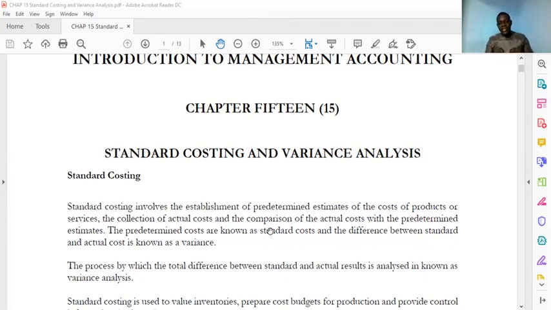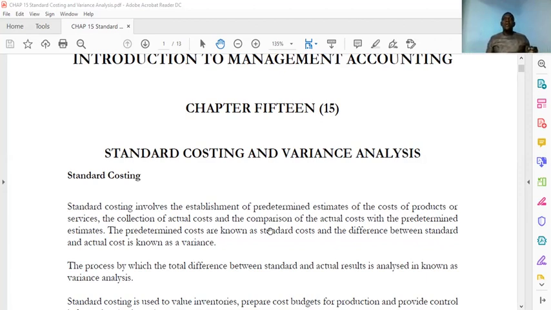As indicated here, the predetermined estimates are referred to as standard costs, and the difference between the standard cost and the actual cost is known as a variance.